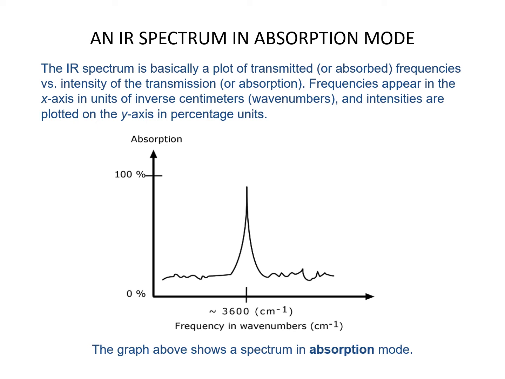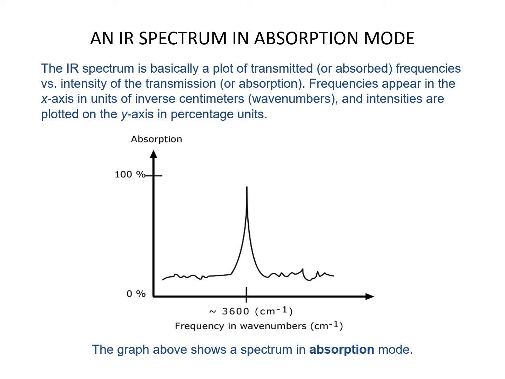But at the bottom, you can see that most of the spectrum is 0 or close to it. And then you've got a really big sharp spike right at 3600. So that's basically showing you that near 100% absorption was determined at the 3600 wave numbers of IR irradiation. So whatever the 3600 is, that functional group is pretty much guaranteed to be in your molecule.